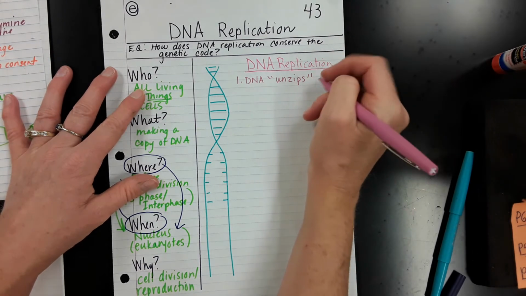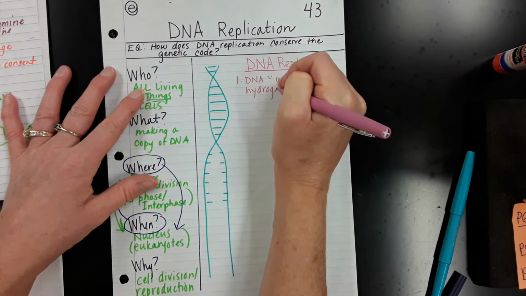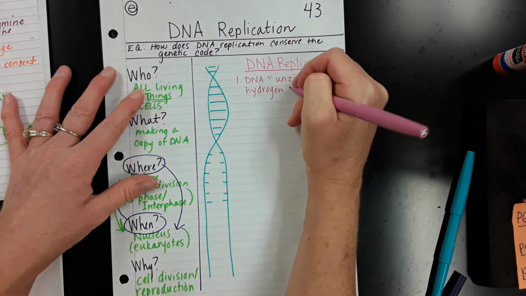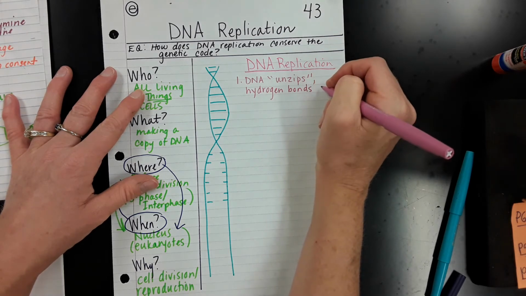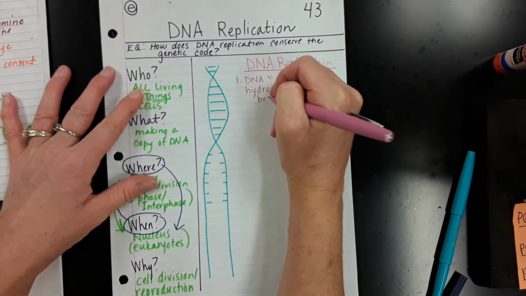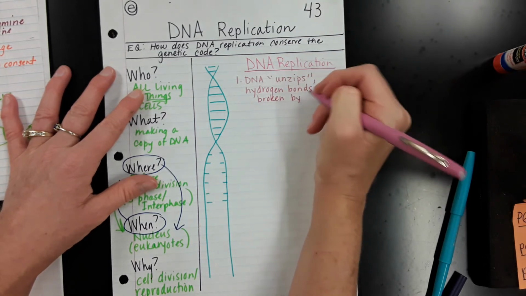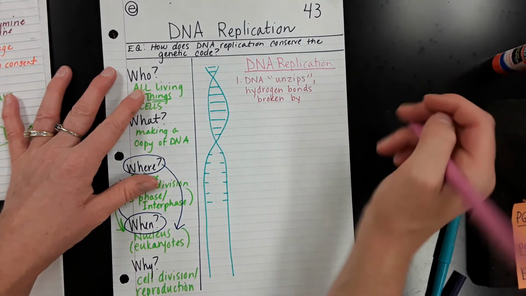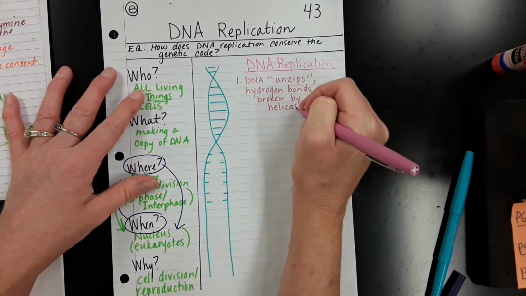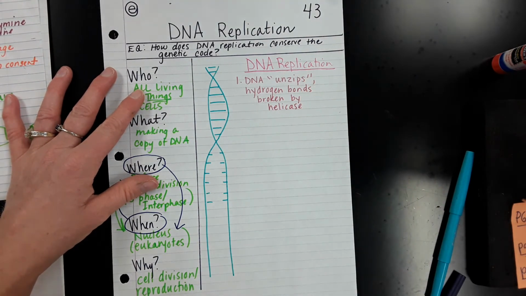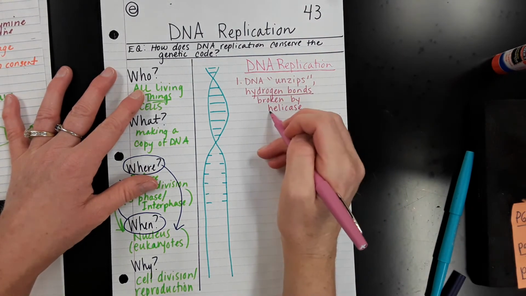When this happens, hydrogen bonds are broken that are holding together the nitrogenous bases. The thing that breaks them is an enzyme, because enzymes break things apart. So they're broken by helicase. Helicase is an enzyme that is going to break the hydrogen bonds.